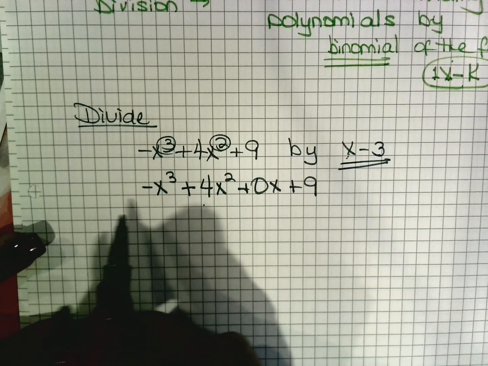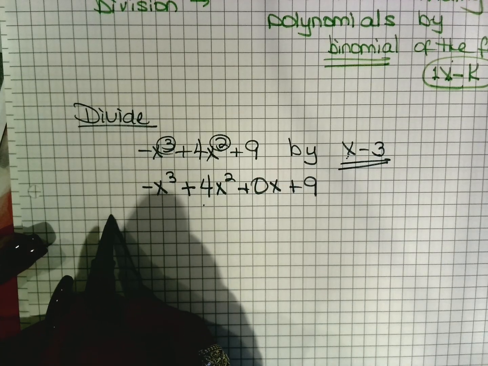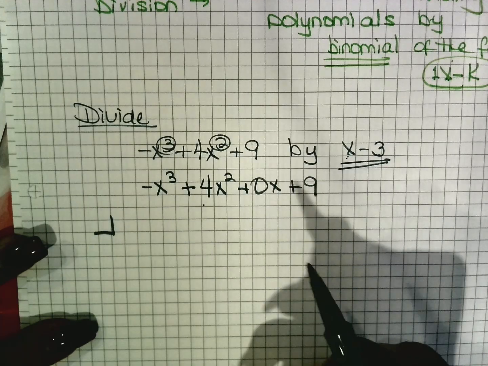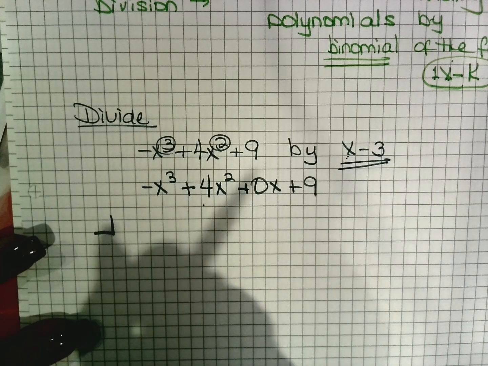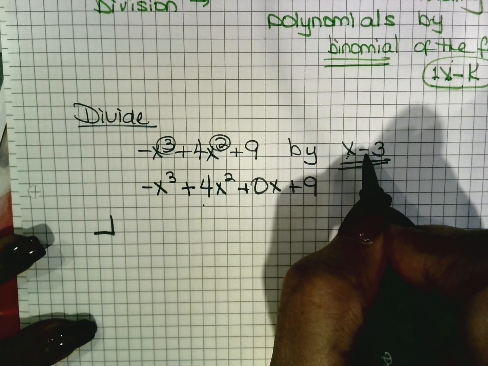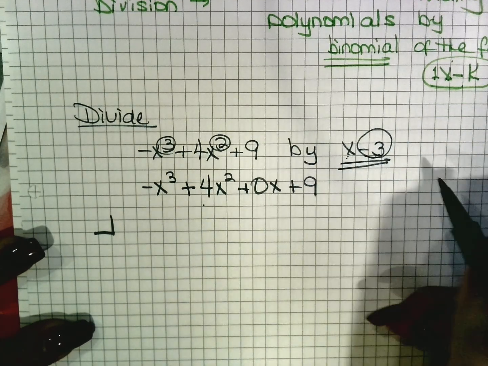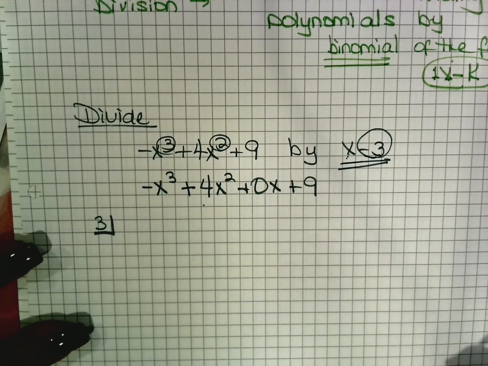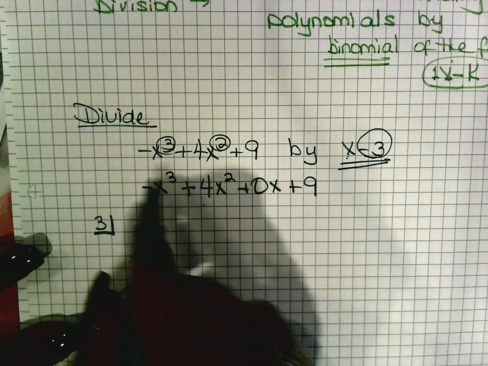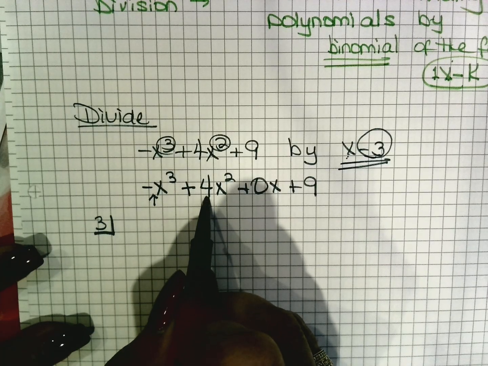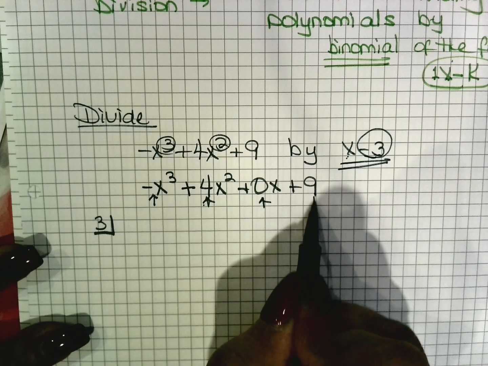Now what you do for synthetic, you're going to put a little, I call it a half square kind of thing. It's like a little corner here. And the number that's going to go there is the opposite of what you see here. You see an x minus 3, so you are going to put a positive 3. And then you are going to take the coefficient of each of these terms.